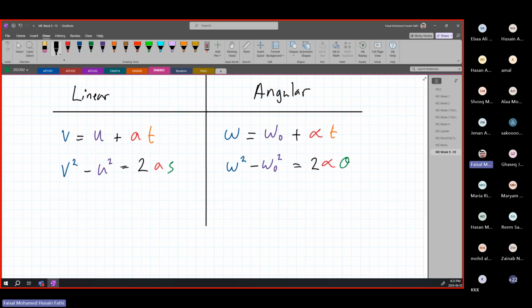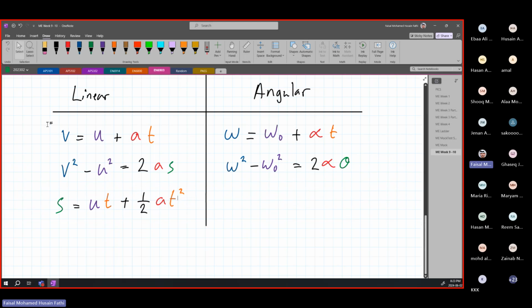Another equation as well is displacement is equal to u times t plus half a t squared. This was another way.